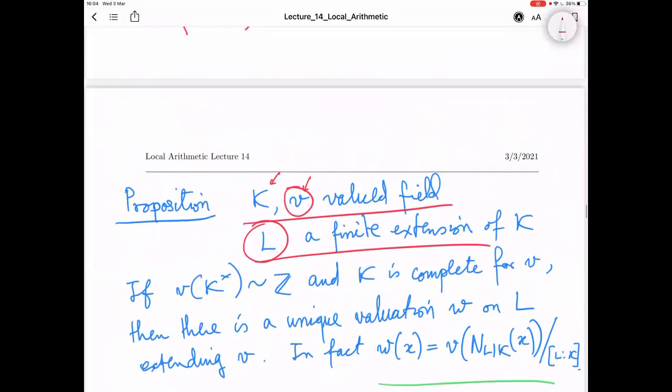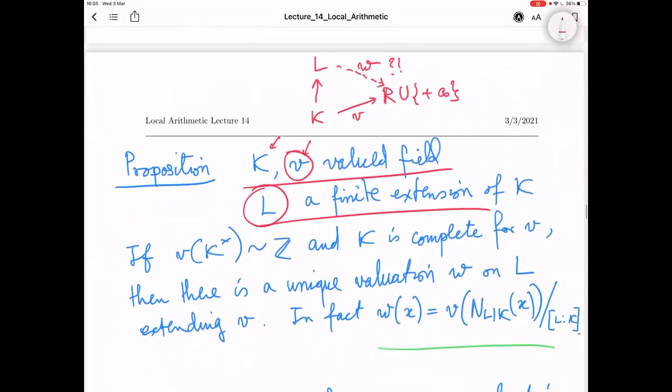So basically, I have this K, which is contained inside L, and this valuation V is a map to R union plus infinity. And the question is whether I have something here, W, which is also a valuation, making this diagram commute. That is the question.